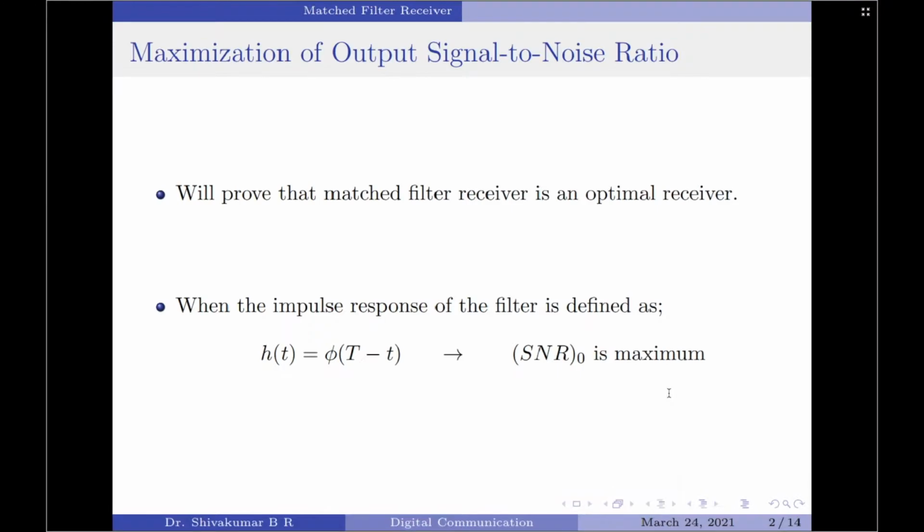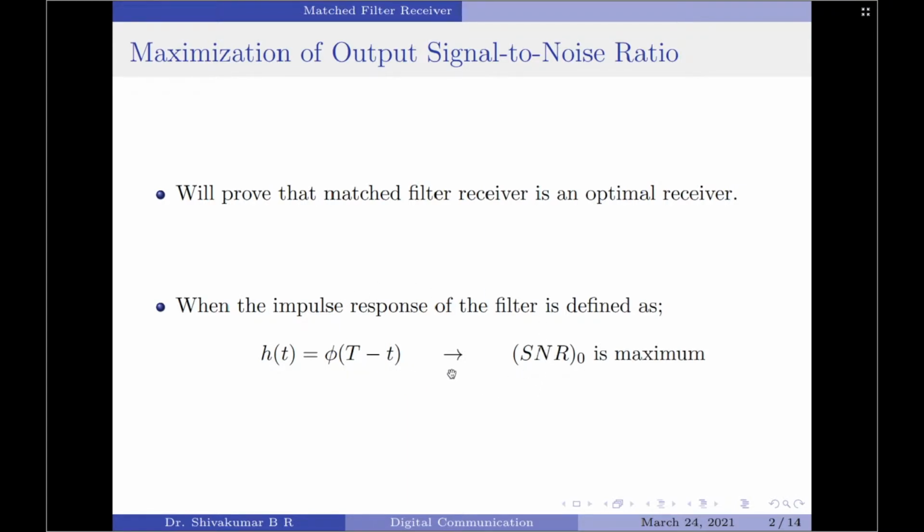In simple words, we will prove that when the filter impulse response h of t is matched to the input signal phi of t as per the equation given, that is, if h of t is equal to phi of capital T minus small t, then the output signal to noise ratio will be maximum.